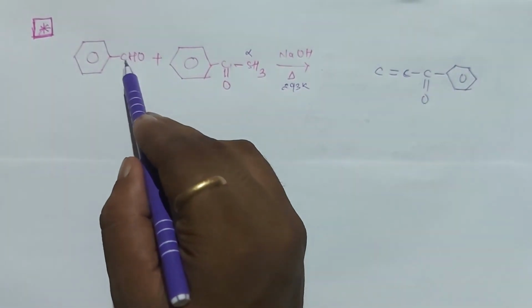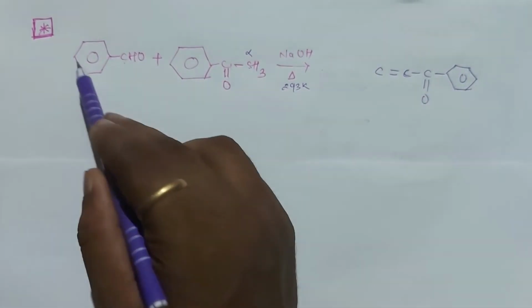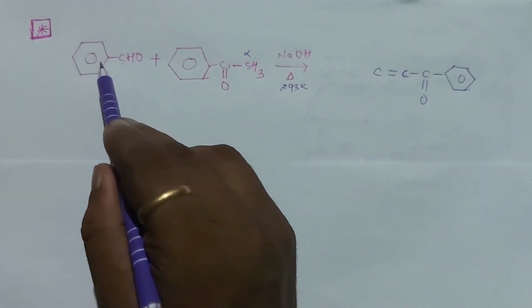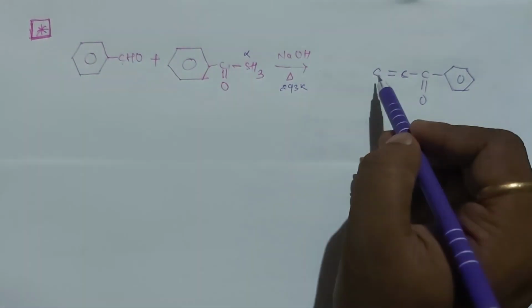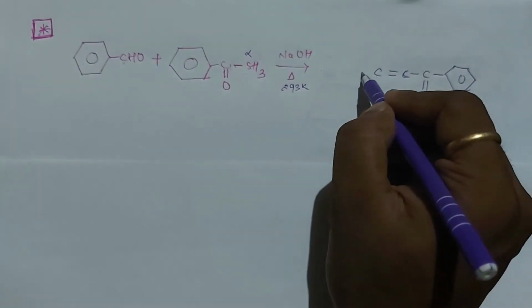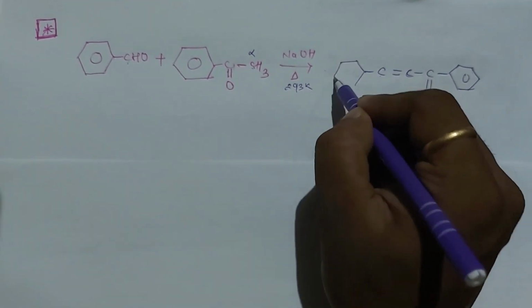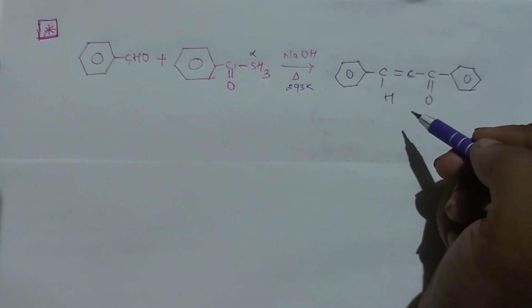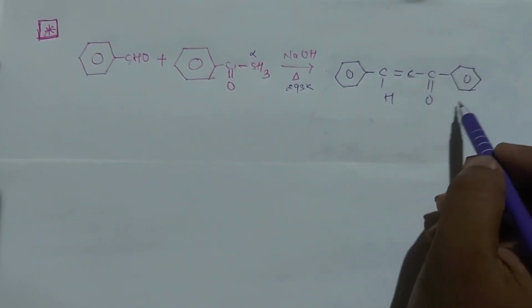Now for this molecule, this carbon is attached to one benzene ring. This belongs to this carbon, so we will attach benzene here and one hydrogen here. So this will be the final product.